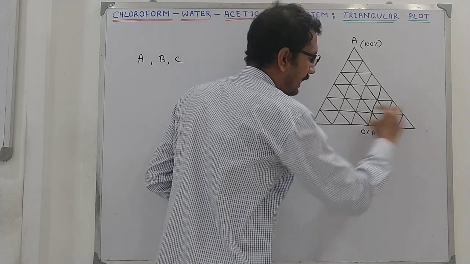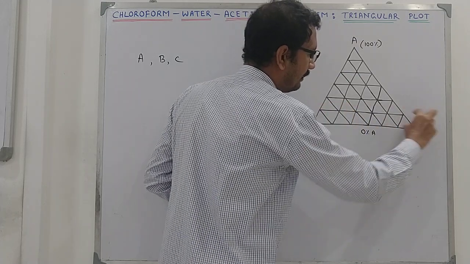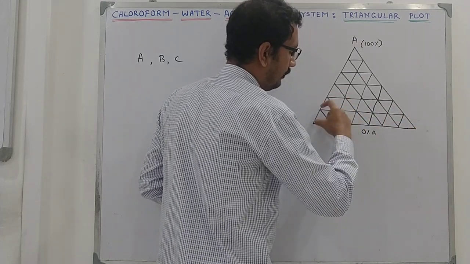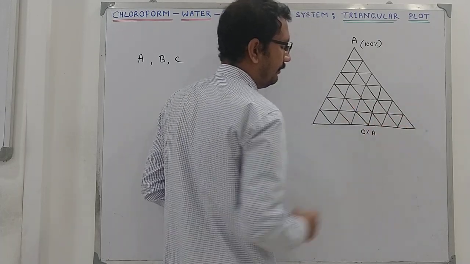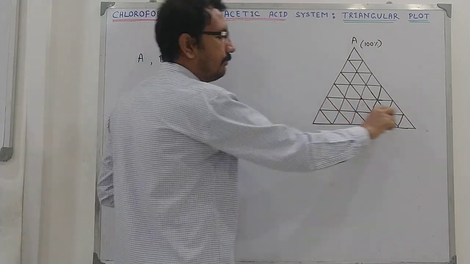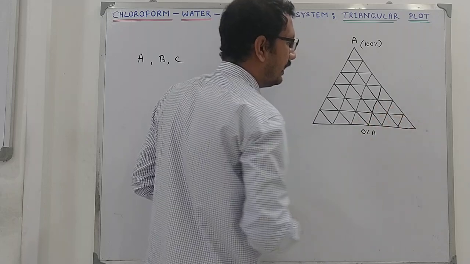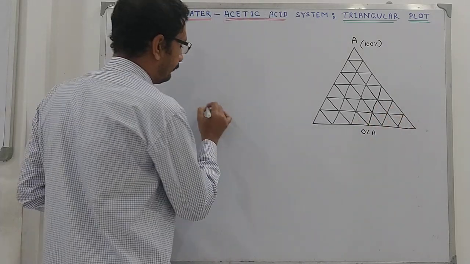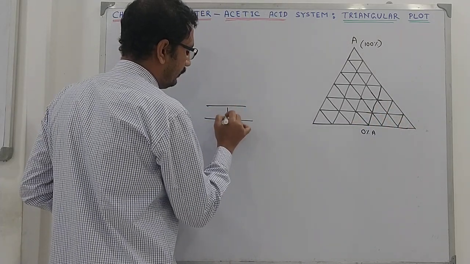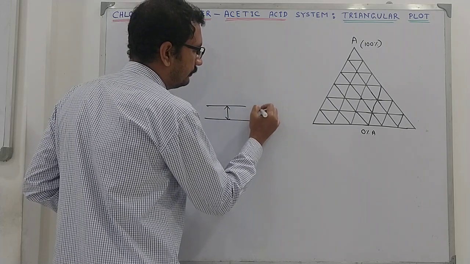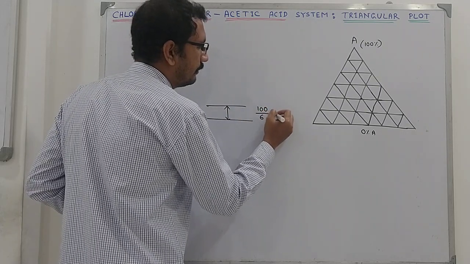So each gap between 2 tie lines, these are called tie lines, each gap between these two tie lines will correspond to 100 by 6%.